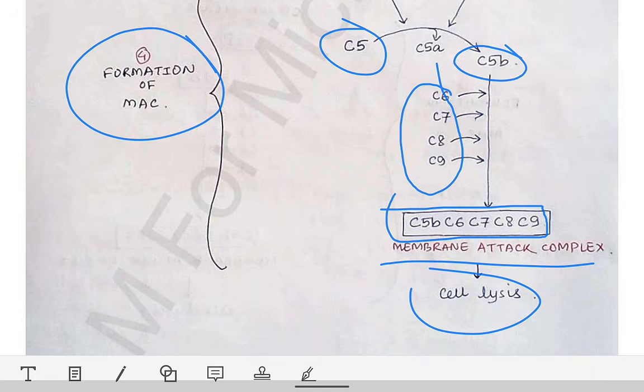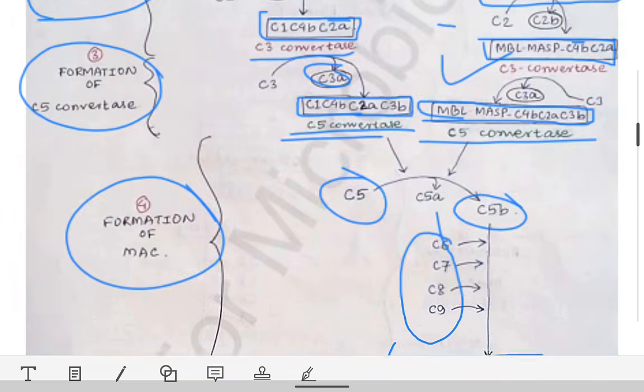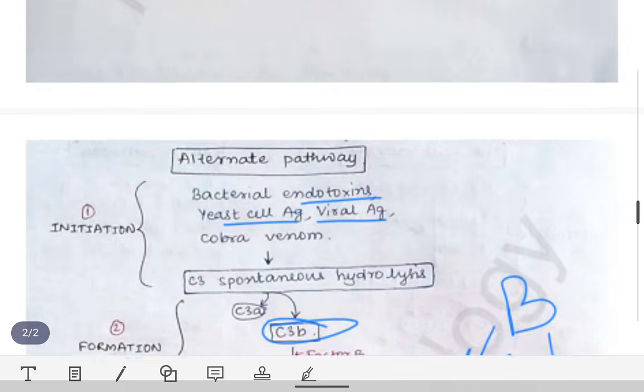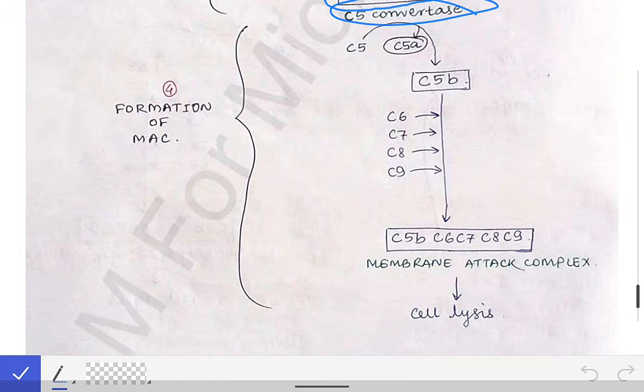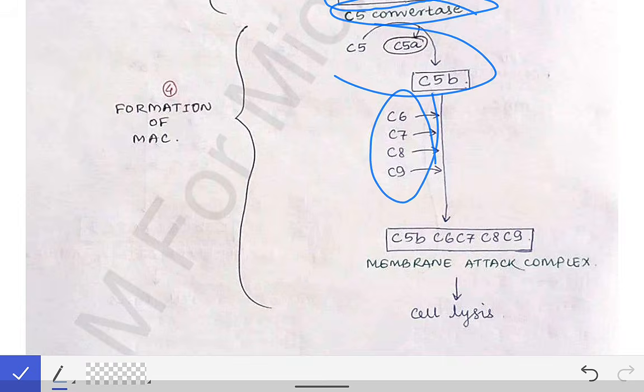So this was the final pathway in the classical and the lectin pathway. Also these are the final steps in the alternate pathway. The C5 convertase which was formed forms the C5b fragment, and then C5b gets associated with C6, C7, C8, C9 and forms the membrane attack complex that leads to formation of pores in the microbial surface and thereby lysis of that particular pathogenic cell or the tumor cell.